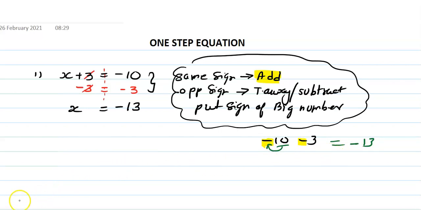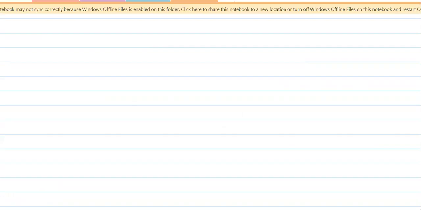Now let's see a couple more questions. I can give you a few more examples. If it is x plus 5 equals minus 7, so first of all, you put an equal sign underneath the equal sign.